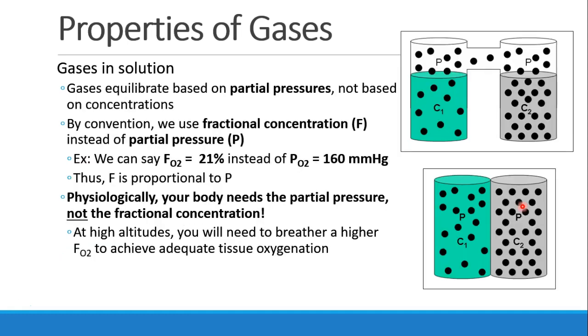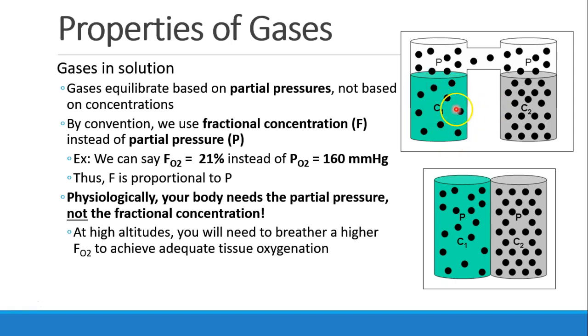Let's expand this idea a little bit more. The idea that gases equilibrate based on partial pressures and not concentrations. So let's imagine two containers connected by a tube. One container has, let's say, water. The other container has, let's say, oil. We pressurize this container with a gas, like a volatile anesthetic, and we let it equilibrate.